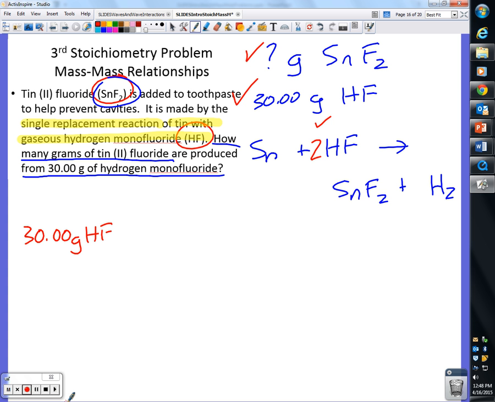So we're going to start with this, because we said that's what we're reacting tin with, and we want to know how much product we get. Let's do units first. What unit has to be on the bottom of that conversion factor?